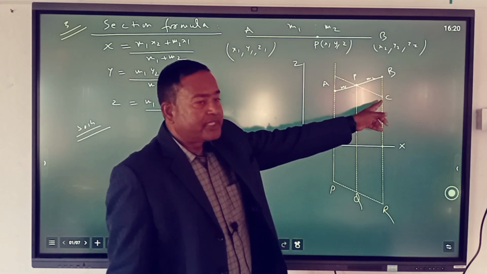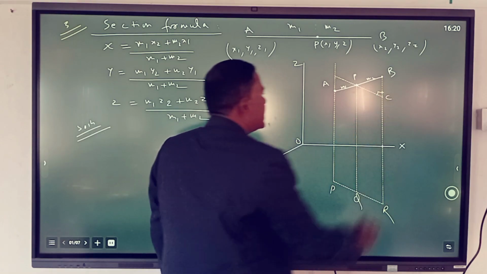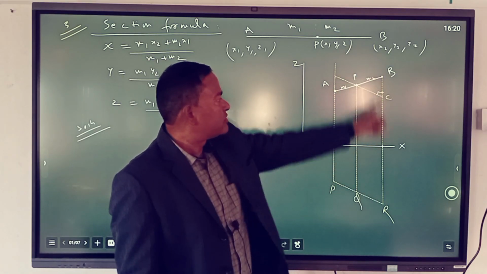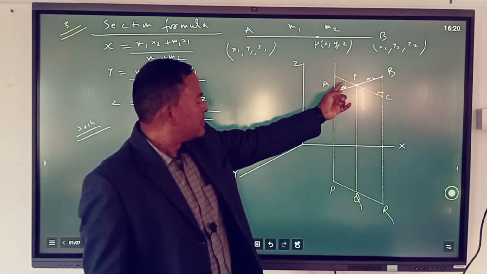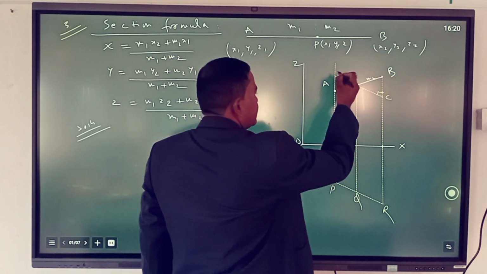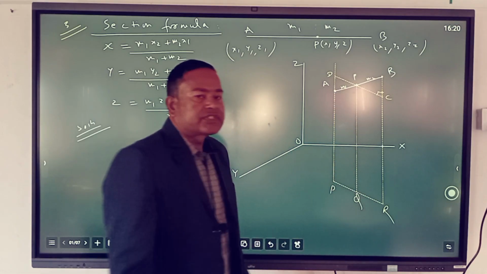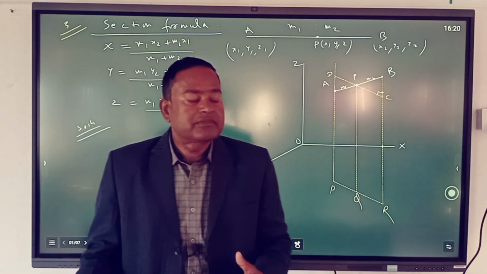At first we draw PC perpendicular to BR, then we produce PC to meet AP produced at D. So dear student, this is the figure we need to prove the sectional formula.